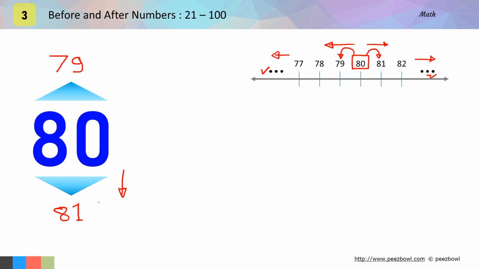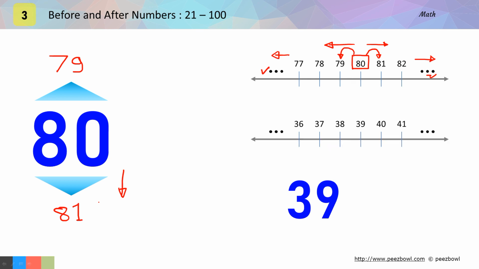In this case, you need to find out the numbers before and after 39. Okay, I will bring a number line which will show number 39. Here we have number 39. You can easily find out that the number before 39 is 38.